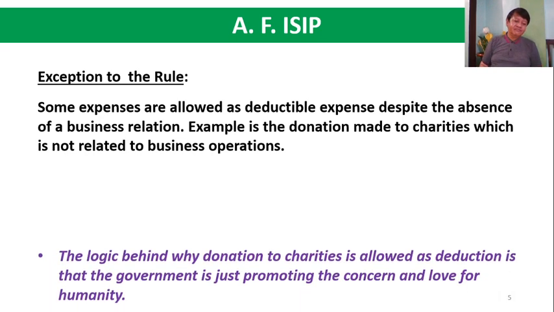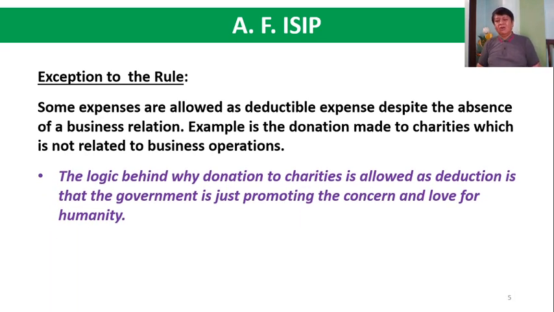So let's see. The logic behind why donations to charities is allowed as deduction is that the government is just promoting the concern and love for humanity. Since time immemorial, the government has been promoting concern for the people. So if your company donated something to charity, there is a presumption that your company is concerned with the welfare of the people.